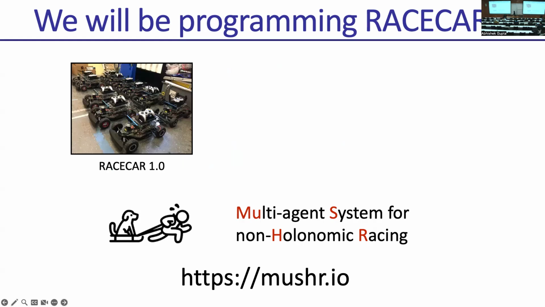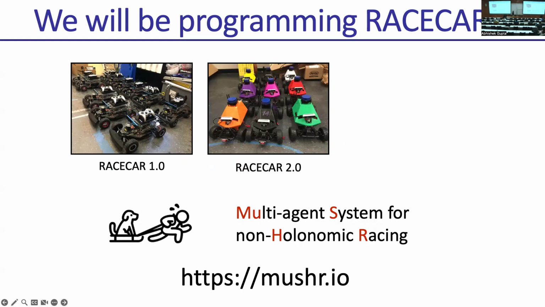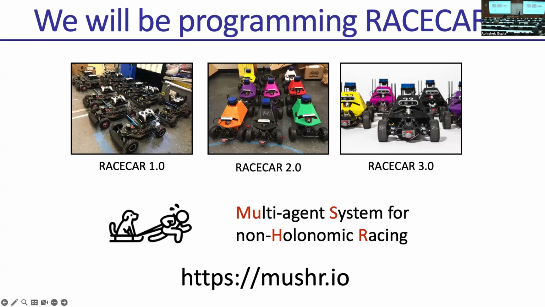We have 3 generations of this: generation 1, generation 2, generation 3. It's super cheap, quite fast, and pretty loaded with sensors and actuators and compute, and you can do a lot of cool stuff with it. We're going to try and get you to have this thing autonomously navigate around the building and teach you all the techniques you need to do that.